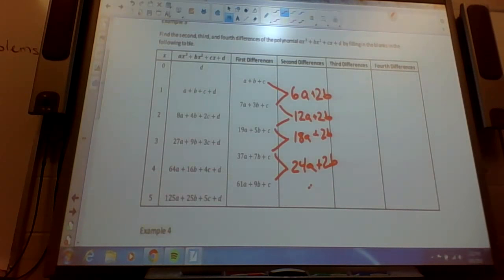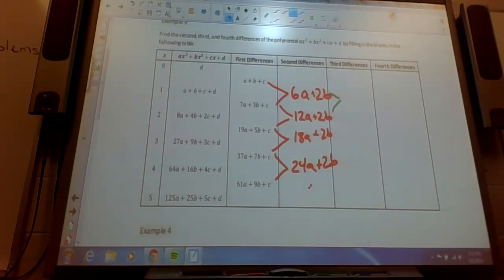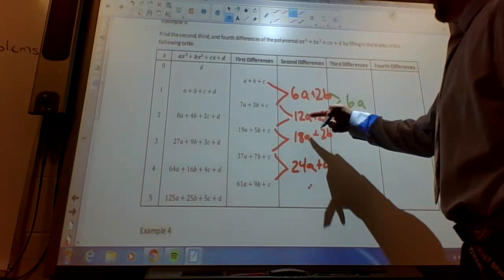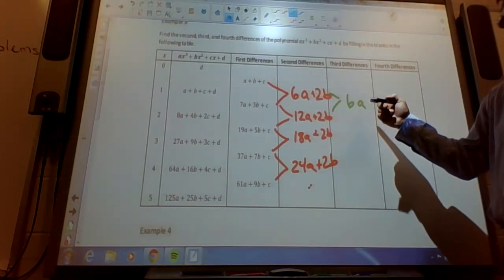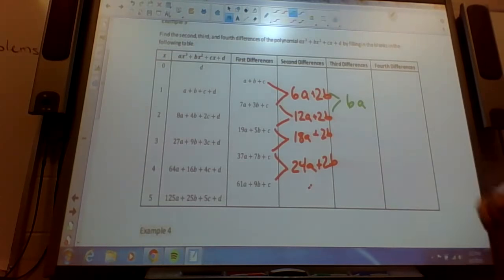Good. So that's second differences. Third differences. Who got this column filled out? Michaela, what's your first entry? 6A. 12A minus 6A gets me 6A. 2B minus 2B, there's nothing left, so 6A. How about the second entry in that column?